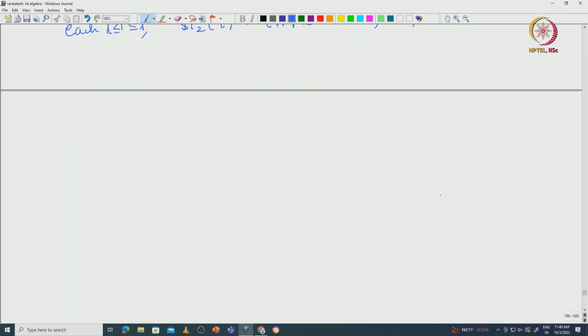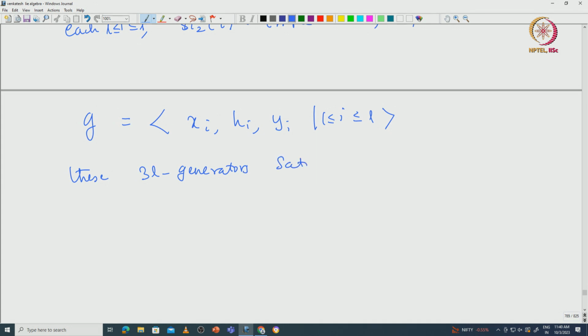With this we proved that g is generated by these 3l generators, and these 3l generators satisfy the following relations.